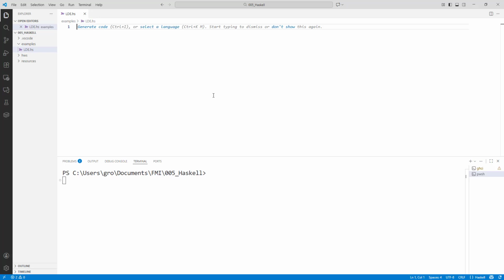We're going to use the REPL, which is this thing here, and REPL stands for read-eval-print loop. In Haskell, this is called GHCi, the Glasgow Haskell Compiler Interactive, and it's probably time to start coding.